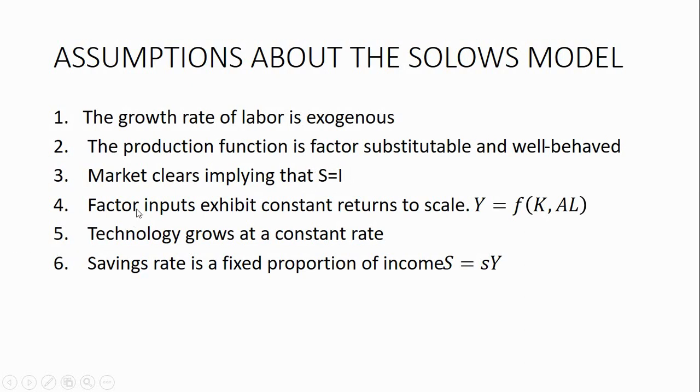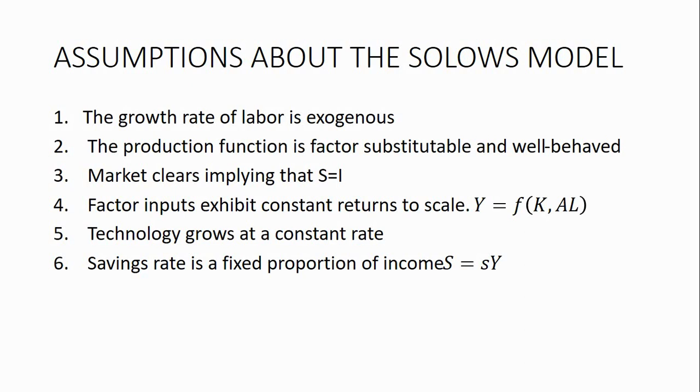Our fourth assumption is that factor inputs exhibit constant returns to scale. Let's say this is our production function, Y is a function of K and AL. AL represents effective labor, K represents capital, and A alone represents technology or knowledge. Constant returns to scale means that if we increase factor inputs by the same amount, the output will increase by the same amount.